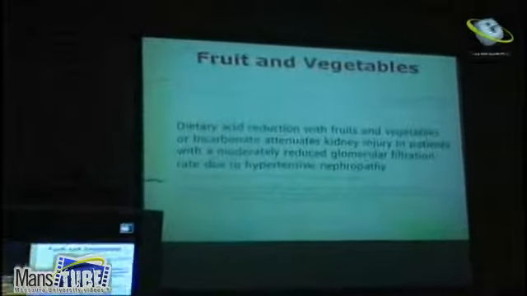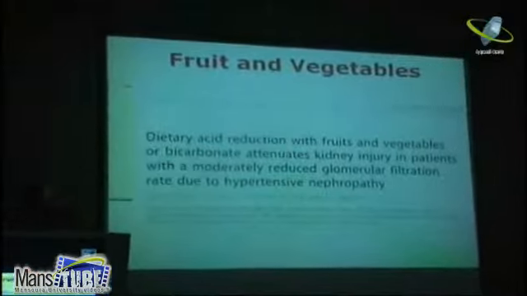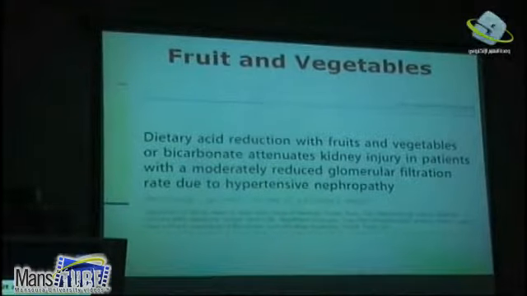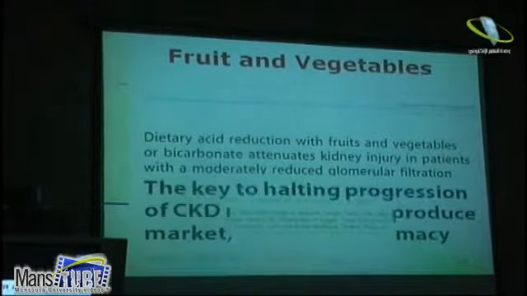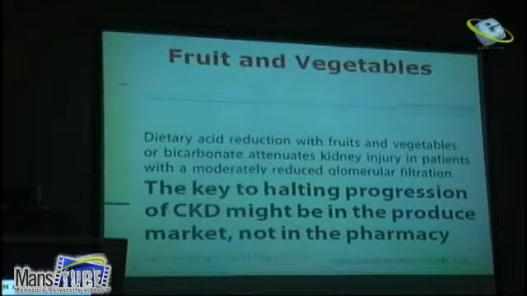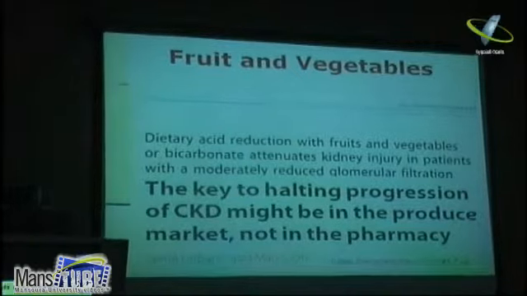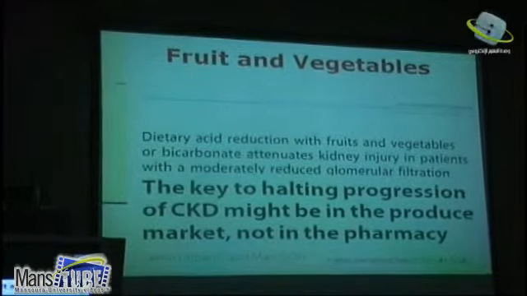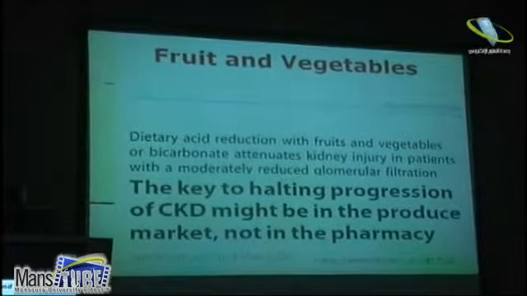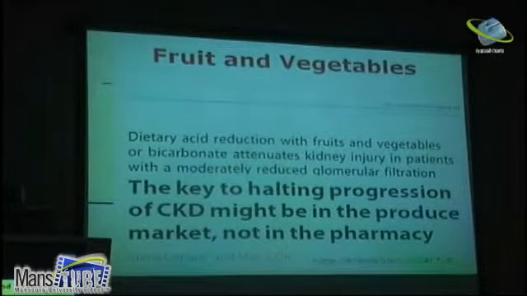Another work: dietary acid reduction with fruits and vegetables or bicarbonate attenuated kidney injury in patients with moderately reduced GFR, in hypertensive nephropathy in individuals with stage 1 and 2. The title is interesting, but they just followed the albuminuria, and then the editorial said that the key to halting the progression of CKD might be in the produce market, not in the pharmacy.